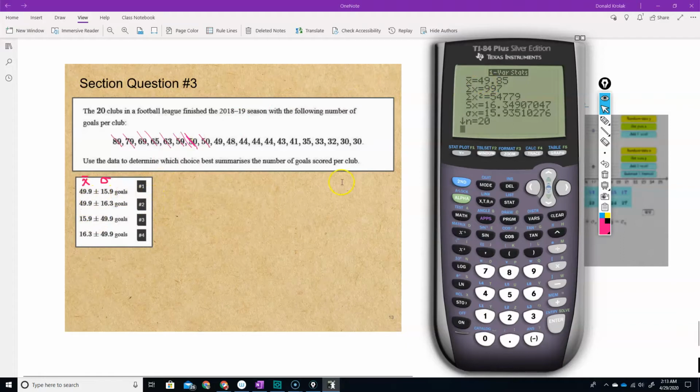So if I rounded that, I know it's going to be either choice 1 or 2. Now I'll go down to my population sigma, and that would be the statistic that would best summarize the goals scored per club.